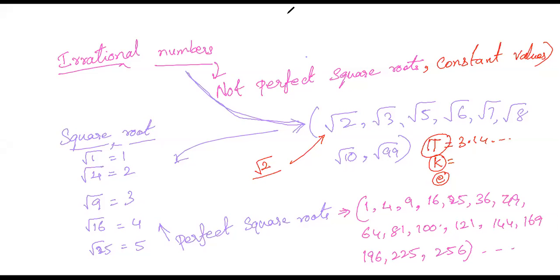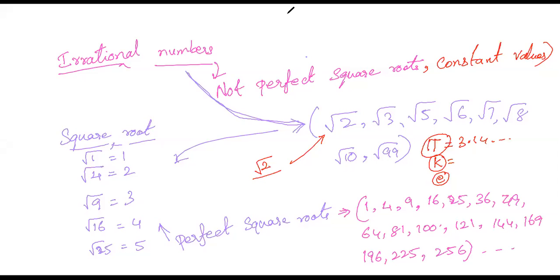Okay, so let's go with the pi value. Pi is an irrational number. What else? Is 81 an irrational number? No, sir. 81 is not an irrational number because the square root of 81 is 9. So 9 is a rational number. So it is not irrational, it is rational.